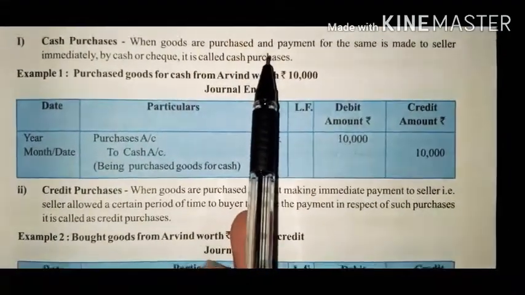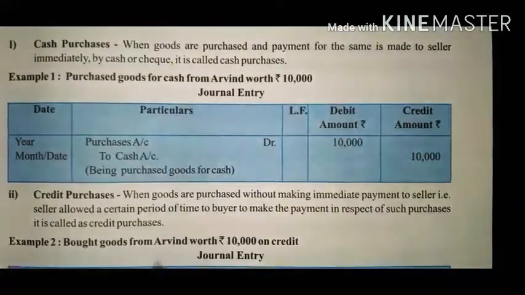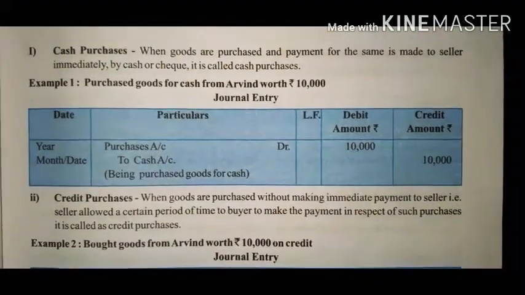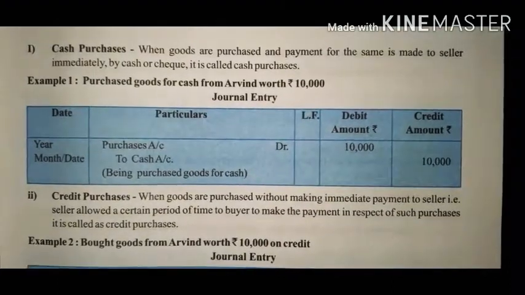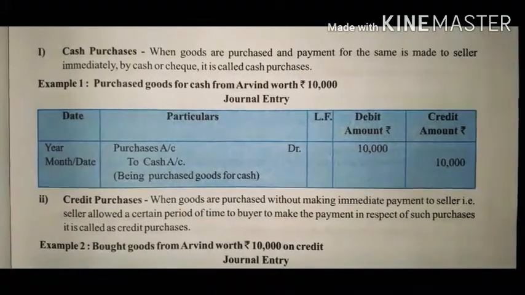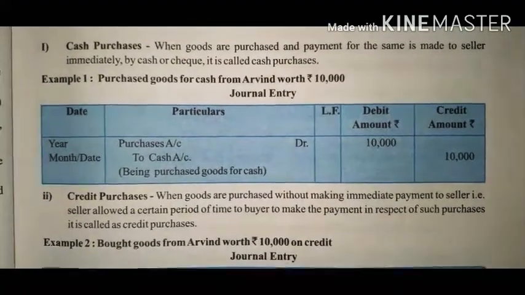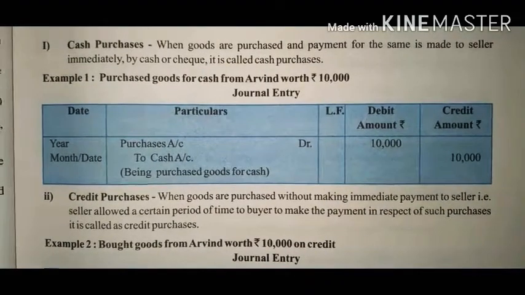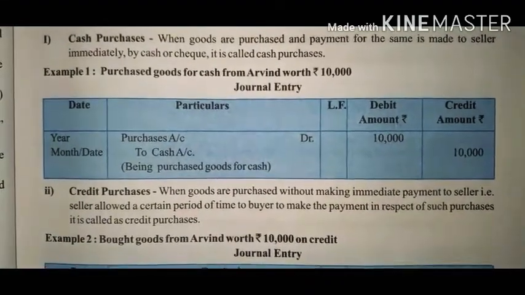We have already learned this before, that when payment is made at the time of purchase of any goods, immediately after the purchase, it is called cash purchases. Now let's see a sample example on cash purchases, how it works in a journal.